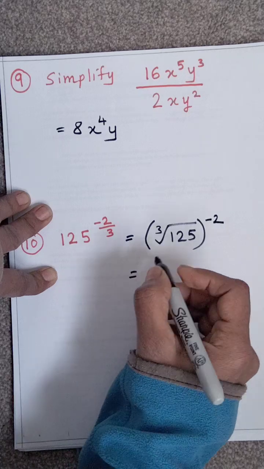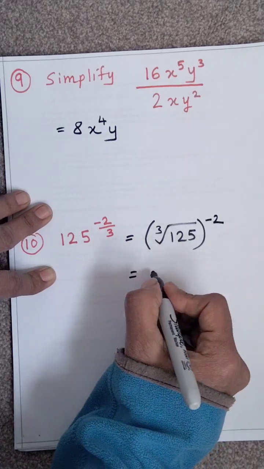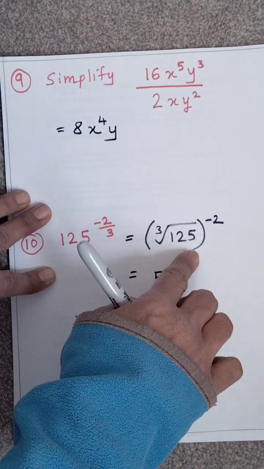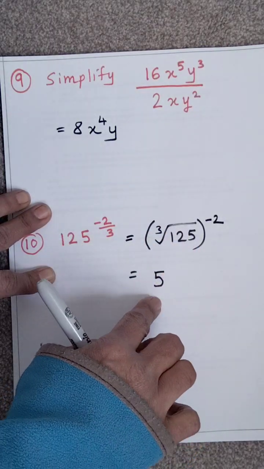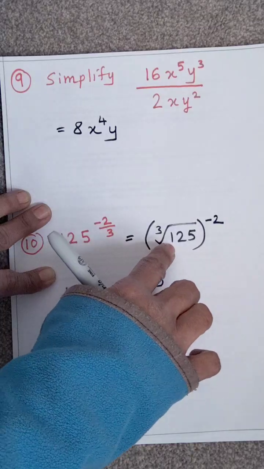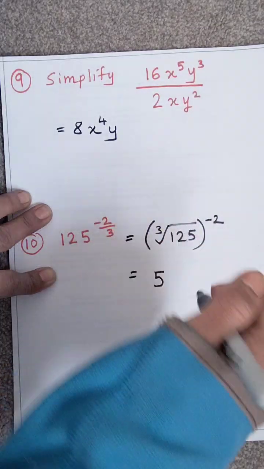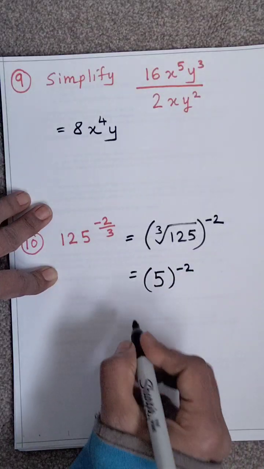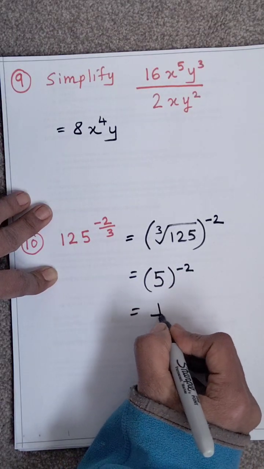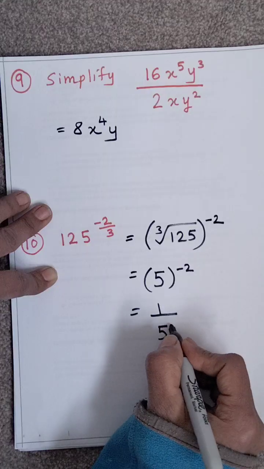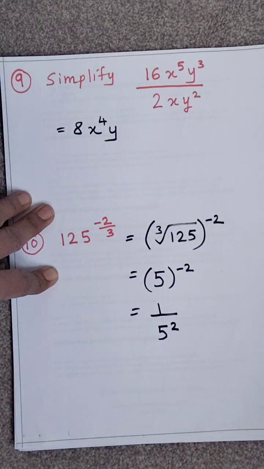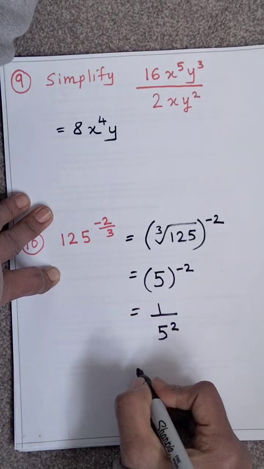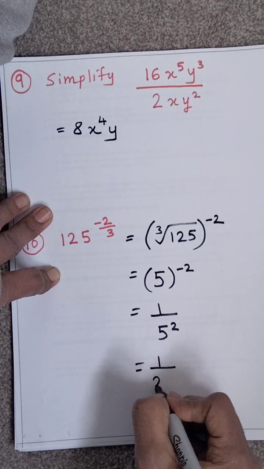What is the cube root of 125? 5, because 5 times 5 times 5 is 125. So the cube root of 125 is 5, raised to minus 2. It is equal to 1 over 5 square. We just flip over and change the sign. It is equal to 1 over 25.